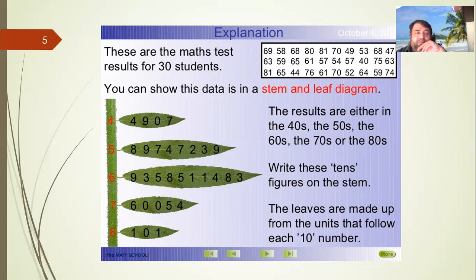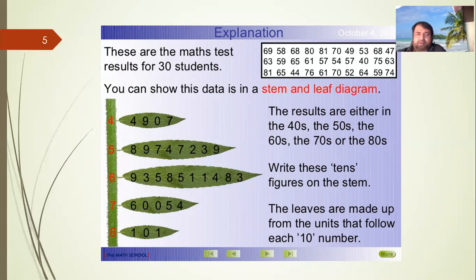But here we are going to learn a new method to present the data, which is called the stem and leaf diagram. Here we are given the math test scores of 30 students. If we want to present it using a stem and leaf diagram, think of a tree or a plant: it has a stem, and from the stem, leaves grow to one side or to many sides.